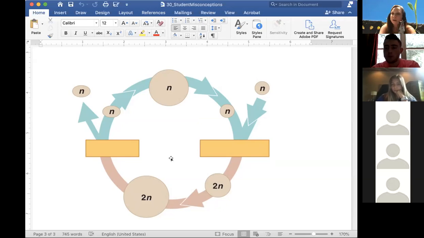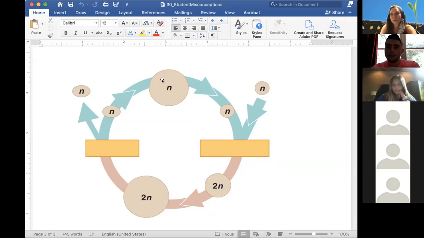So when you see a diagram like this on an exam, identify the information you have, right? The upper part of this figure is haploid and the lower part is diploid. So we know one stage is haploid and one stage is diploid. So which is our haploid stage? Top.